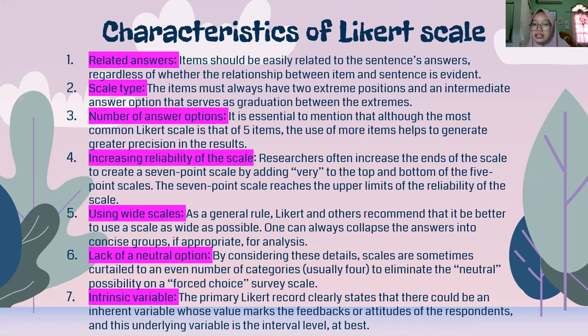By considering these details, scales are sometimes cut to an even number of categories, usually four, to eliminate the neutral possibility on a first choice survey scale. And the last is intrinsic variable. The primary Likert record clearly states that there could be an inherent variable whose value marks the feedback or attitudes of the respondents, and this underlying variable is the interval level at best.